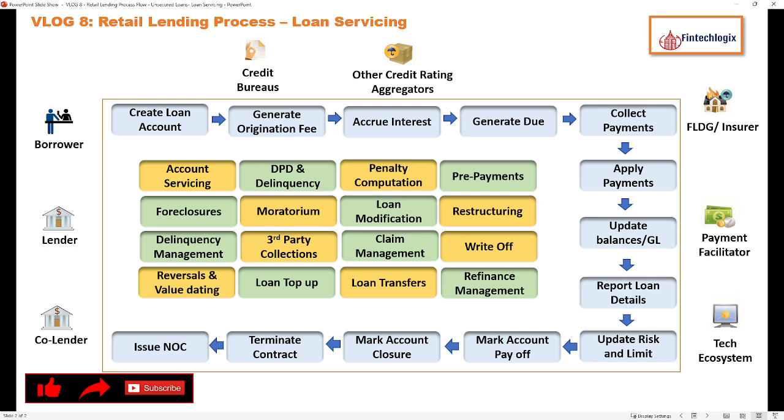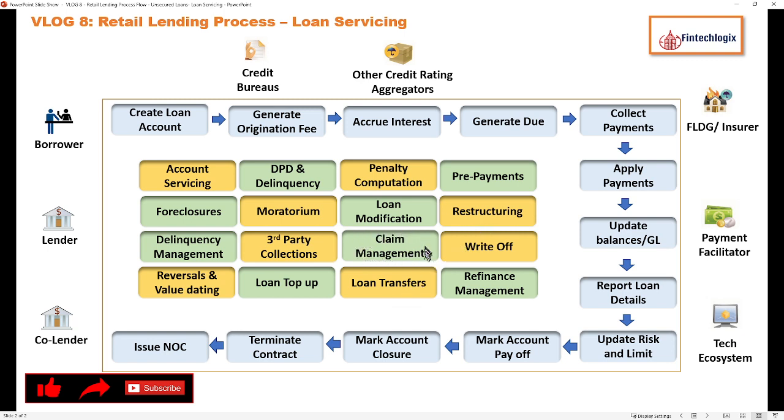There are a lot of collection agencies these days who not only utilize their network or manpower to collect, not in terms of dubious methods, but in terms of high-end methods like a proper contracting way of reaching the customers, right? So taking the help of AI and ML to also look at the behavioral pattern of the customer, the borrower, to make him pay, right? Third party collection agencies are there.